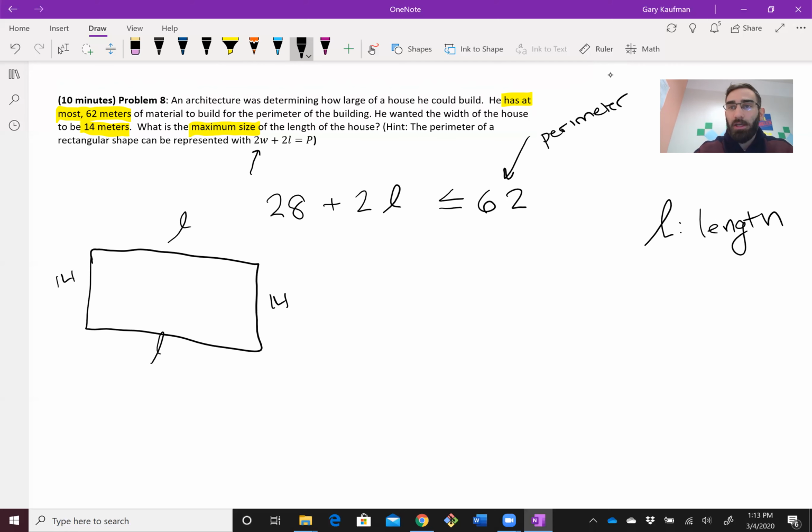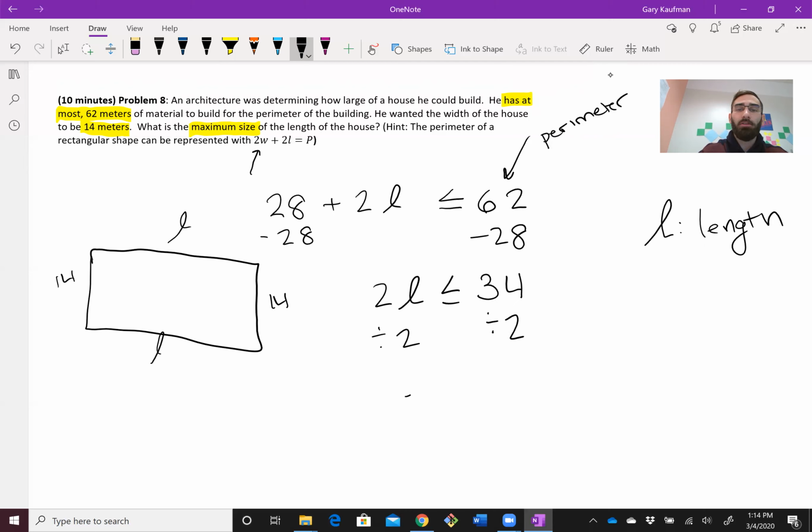Notice that I use this diagram to help me. Whenever we have geometry, a simple diagram could go a long way. So I'm going to now solve it. Less than or equal, that's a 42, that's a 34. Divide by 2, L is less than or equal to 17.